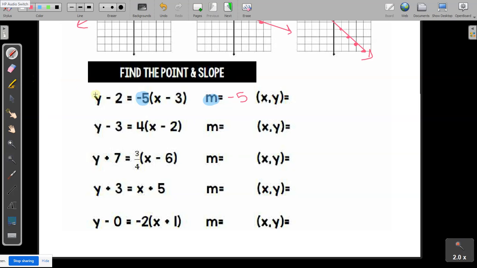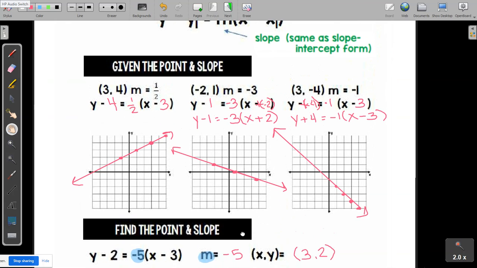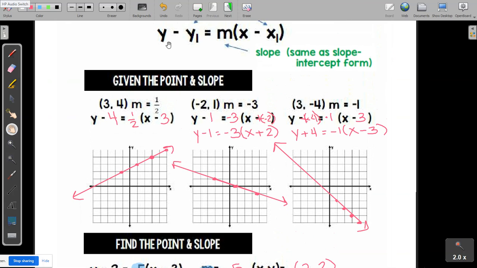So our point here is +2 for our y and +3 for our x. So 3, 2. As you can see, it's the opposite of what is shown because our formula, if you remember, has a minus.